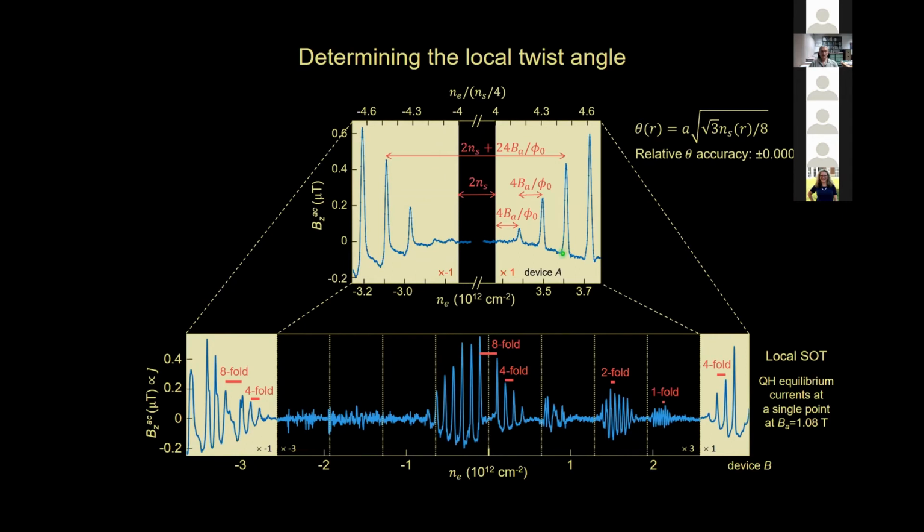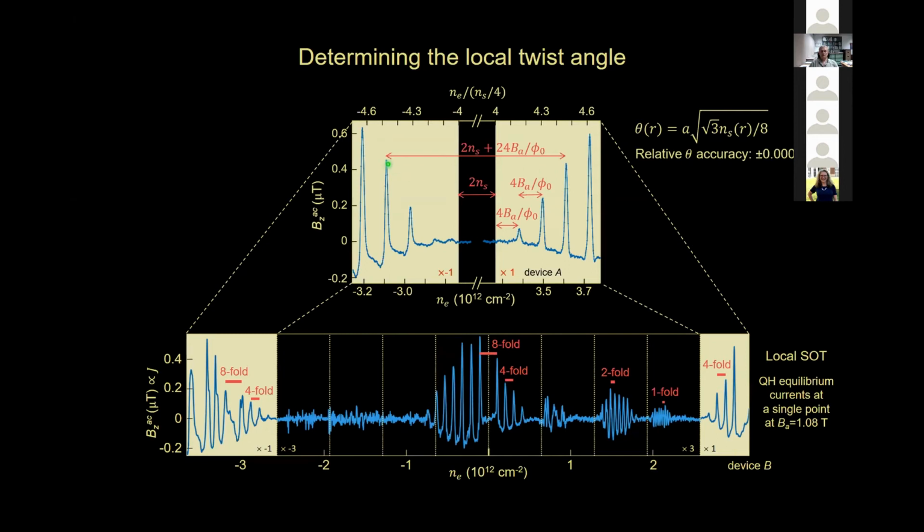And the remarkable thing here is that these peaks are extremely sharp. We can determine them to a single measurement point, which translates in backgate to about 1 millivolt. The distance between these peaks is about 20 volts as compared to 1 millivolt.